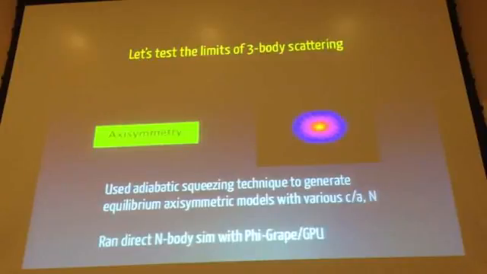So we made a limiting case, a galaxy that was axisymmetric, gas-free, in equilibrium. We're going to see if the final parsec problem is solved in that one. We made that galaxy by adiabatically squeezing a spherical model, letting it rest and making sure it's stable. And then we ran the model using a direct N-body simulation on a GPU.